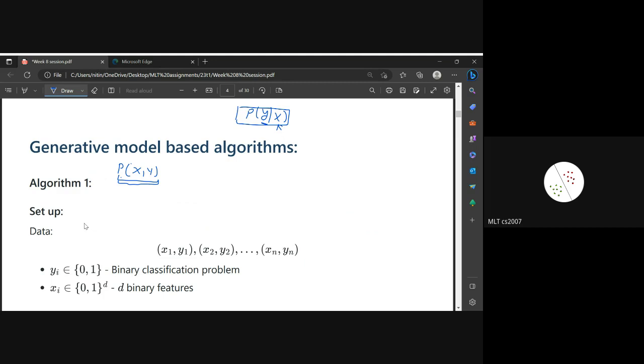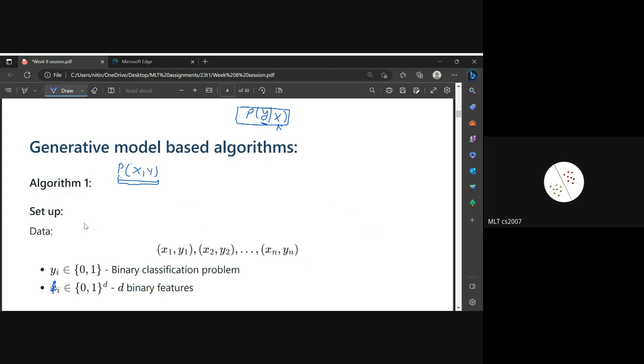We have n data points, where this is xi. This is a classification problem, a binary classification problem. It means it takes only two classes, 0 and 1, and all the data points again have binary features. I can even call them f, so it's not confused with x and y.